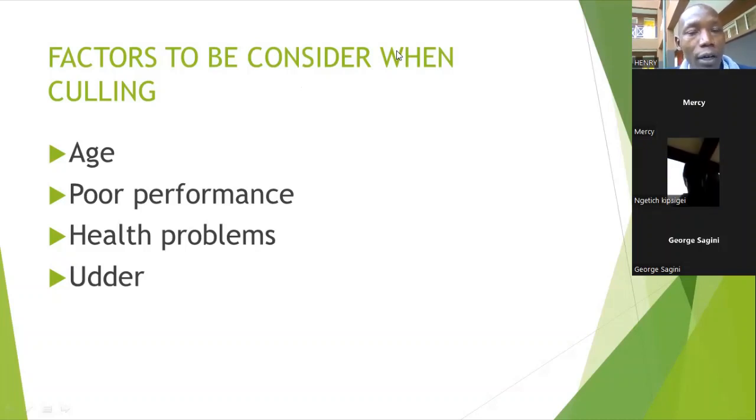Then can we look at objective number 3, which is the importance of culling dairy animals. What are the importance of culling dairy animals? We usually cull the animals so that we can have a productive herd that can serve you for a very long time in your farm. Another one.